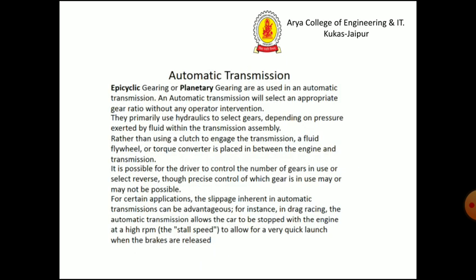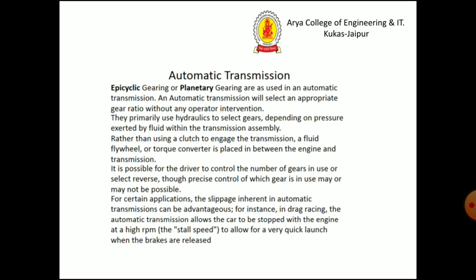In the automatic transmission system, epicyclic gearing or planetary gearing is used, and automatic transmissions select an appropriate gear ratio without any operator intervention. They primarily use hydraulics to select gears depending on pressure exerted by fluid within the transmission assembly.